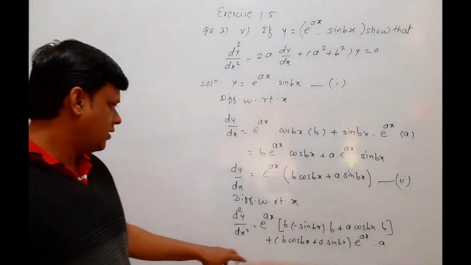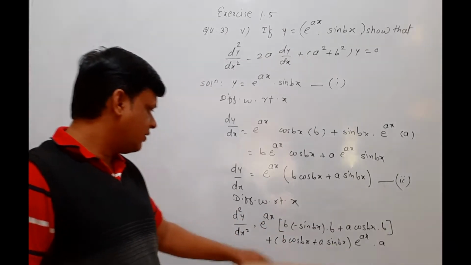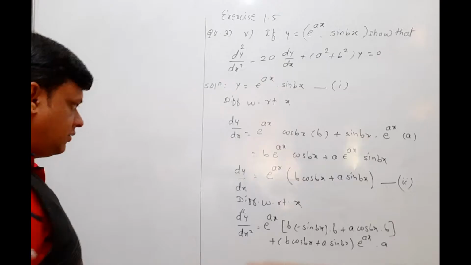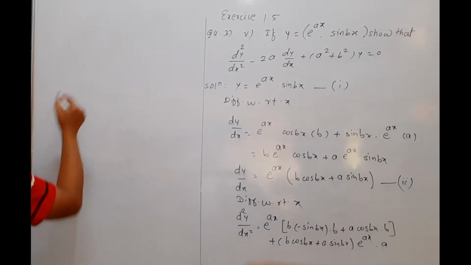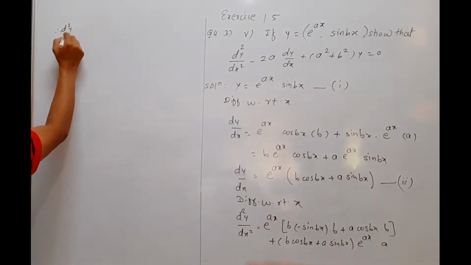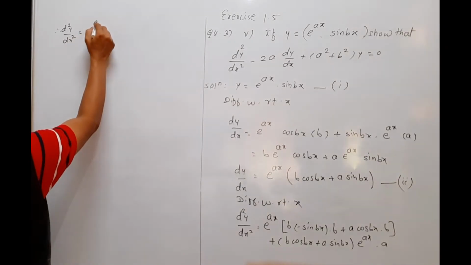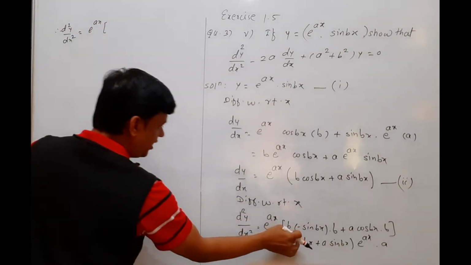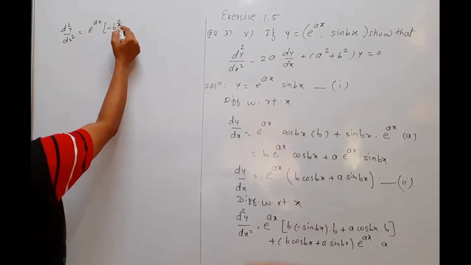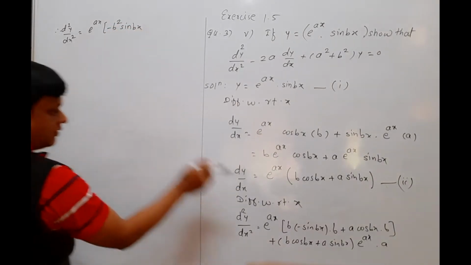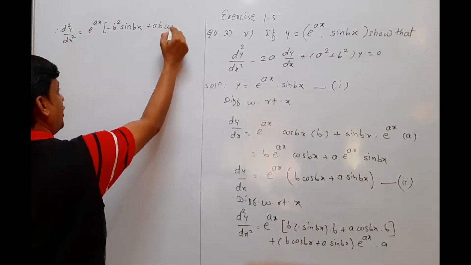So here we multiply e raised to the power ax to this bracket. Multiplying b into b, we get b square. So d2y by dx2 is equal to e raised to the power ax in bracket minus b square sin bx, then plus ab cos bx plus ab cos bx.